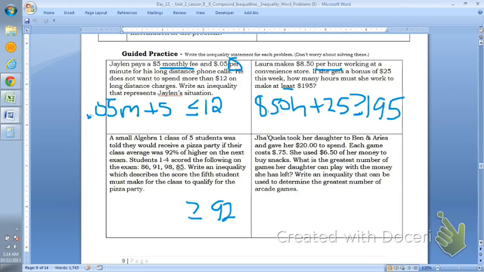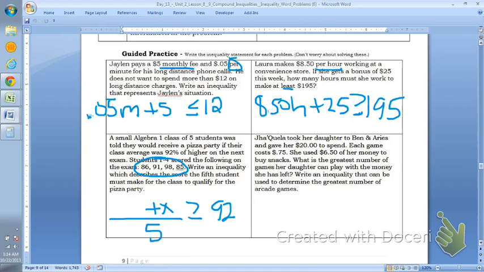We have several scores here: 86, 91, 98, and 85. But we need to know what the 5th student should get. So let's add up all these scores right here, plus our 5th student, so plus x, that one score that we don't know, and divide it by the total of our 5 students altogether.